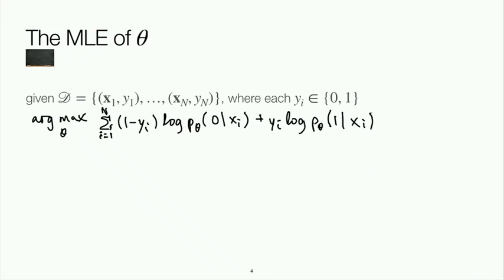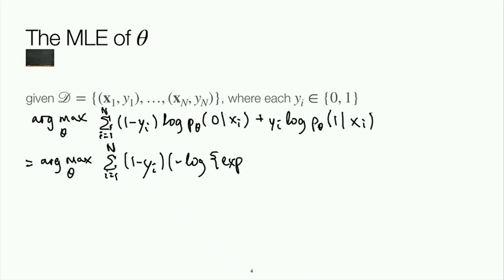Cool, so let's write this out. We worked out what these log p thetas look like, because we know they're the sigmoid of this linear function. Let's write it out in more detail. Minus yi, and then what is log p of 0 given xi? It looks like negative log of this whole thing, exp theta transpose xi plus 1.